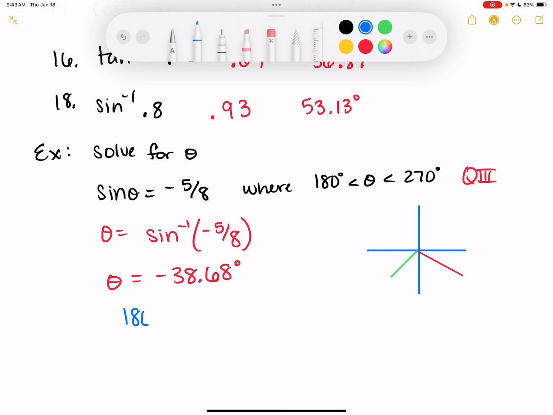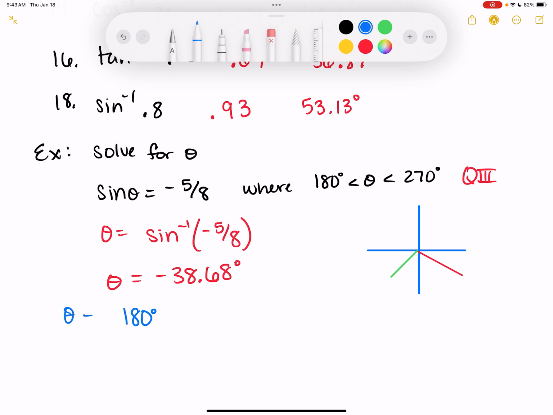The formula that we had was theta minus 180, but right now I have a negative angle. If I subtract that, I'm going to end up getting another negative angle. So if I actually add them together, 180 plus this value, like minus the negative, it's going to put me back around over here where I need to be.